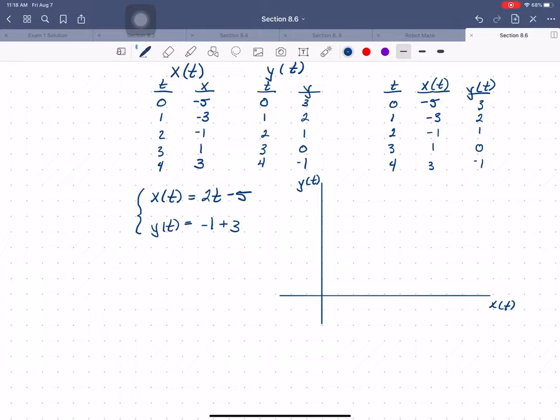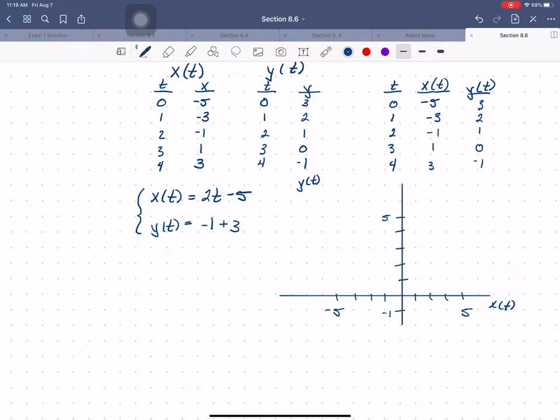Whoops, I need more. Well, let's see. Can I move this guy? Huh, look at that. Okay. So I needed 1, 2, 3, 4, -5. 1, 2, 3, 4. And my y's need to go from -1, 1, 2, 3. Okay.